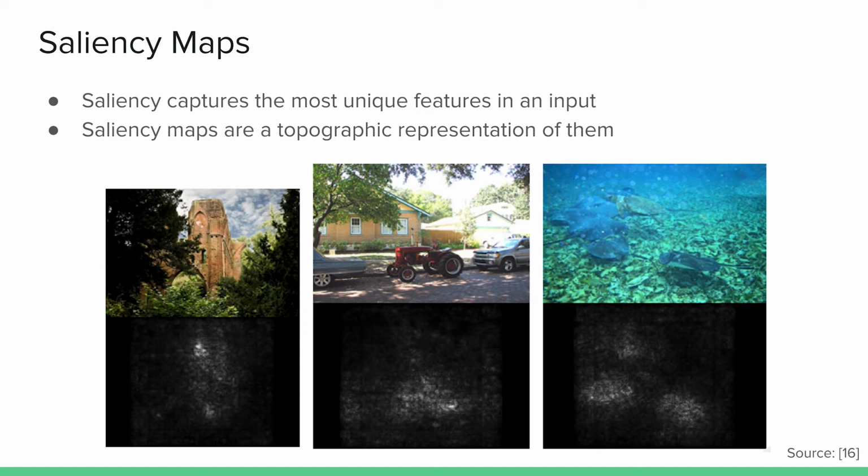In these examples, you can see that the heat maps are displayed as black and white images, with white pixels, or something being more white, being more important. So we have this dome, a tractor and some fish, and you can see that the network did actually learn to look at those objects of interest and not at the background. So that's what the saliency map is giving us.